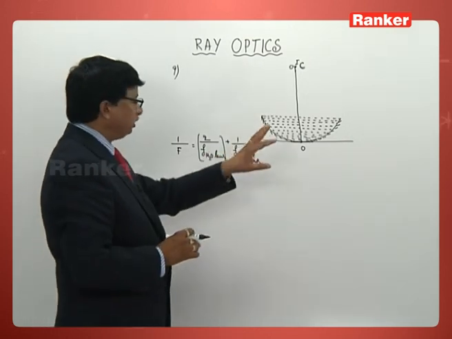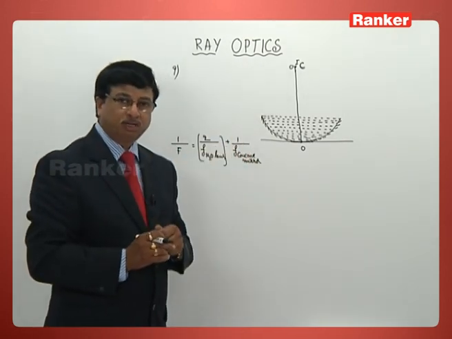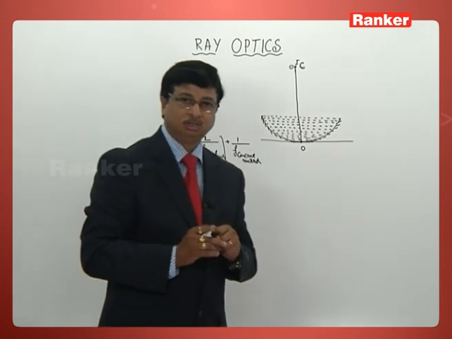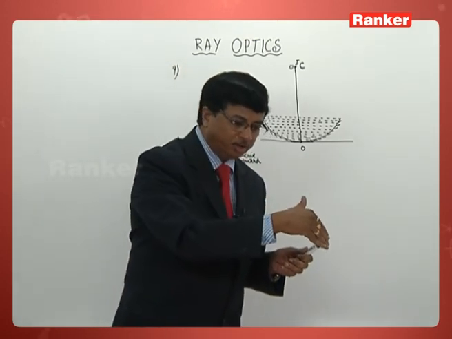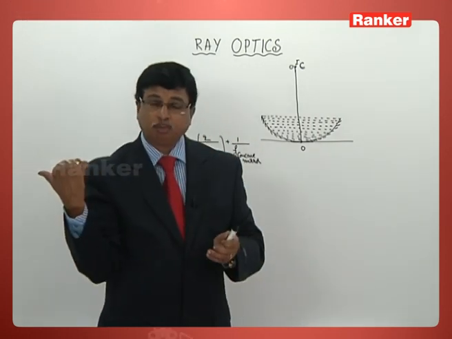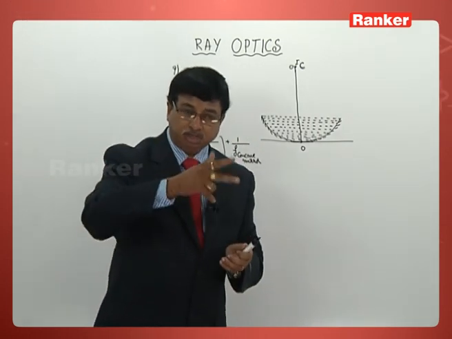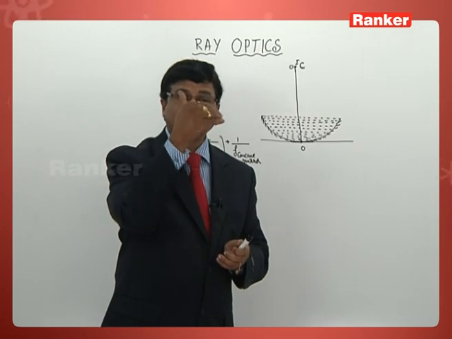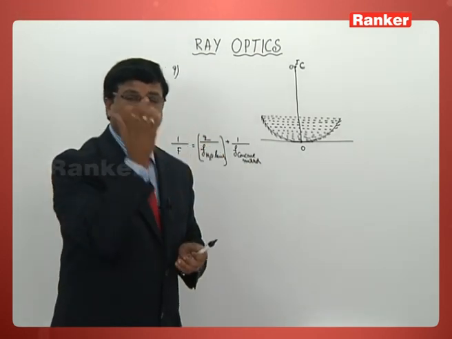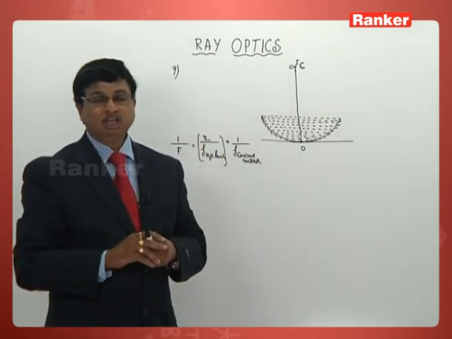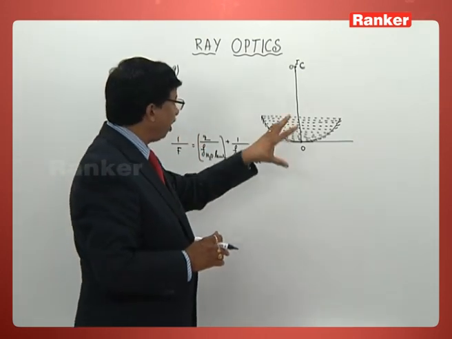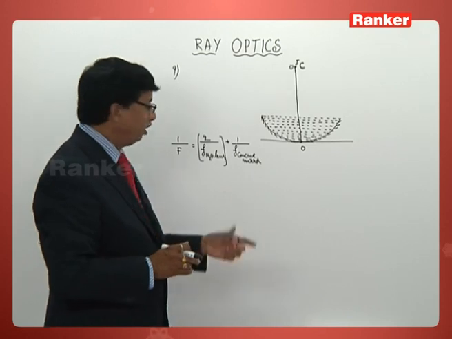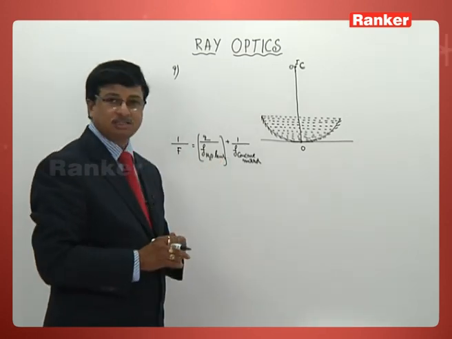So how many times is it passing through the water lens? Two times. Once while entering it has to pass through the water lens, and once while leaving it has to pass through the water lens. In between it is striking the concave mirror and reflecting back. So to calculate the effective focal length, we have to take all three into consideration and write the formula like this.